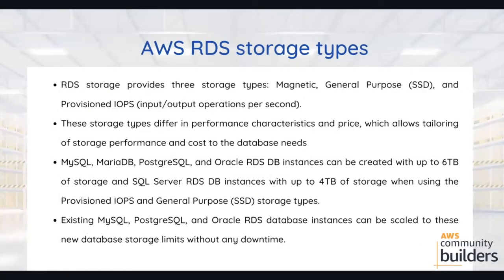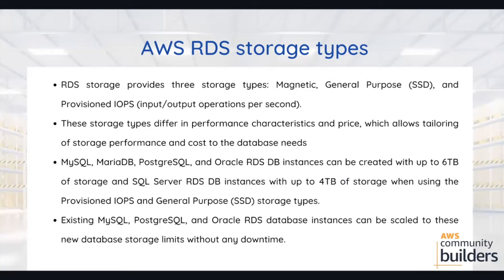Now next is the AWS RDS storage type. Along with the instance type, AWS provides a storage type also, that is, how much storage we can procure. There are multiple types of storage RDS provides, like magnetic storage, general purpose SSD, and provisioned IOPS. IOPS is input output operations per second.